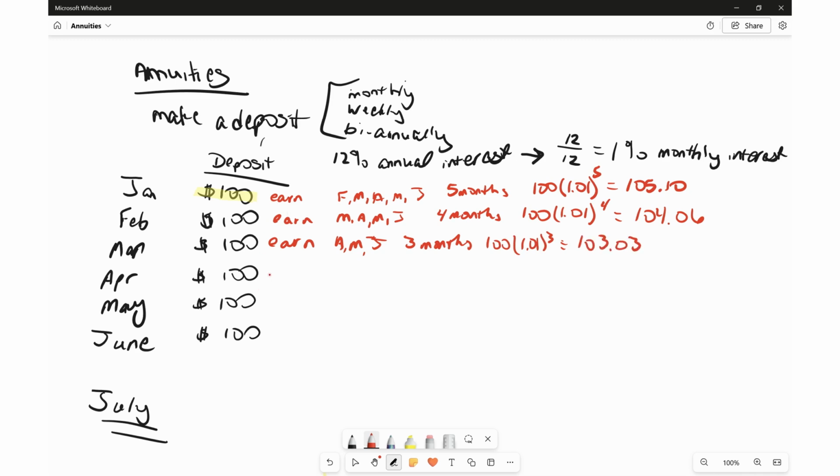The money that we deposit in April will earn for May and June, 2 months. And the money that we deposit in May will earn interest in June, which is just 1 month.